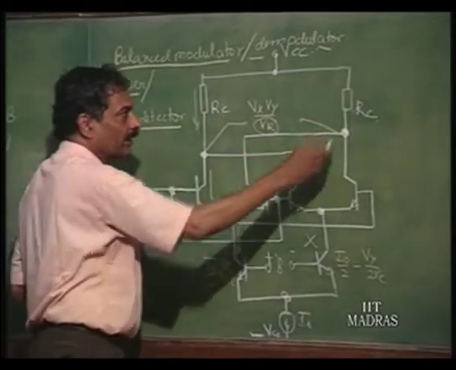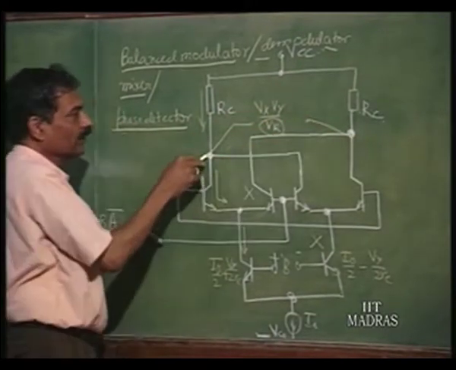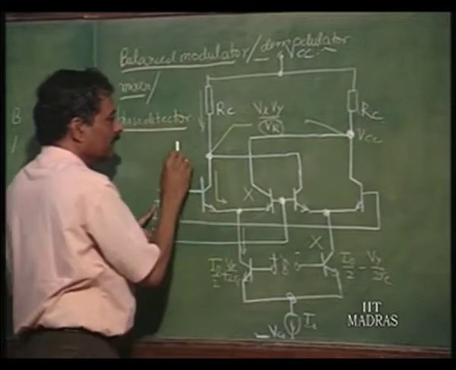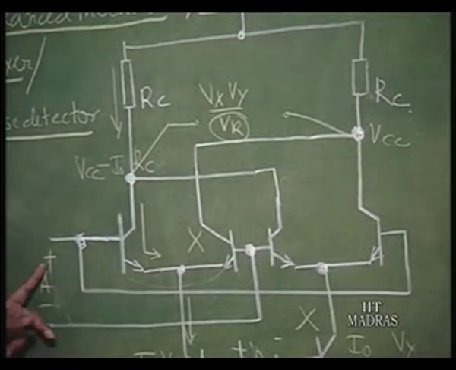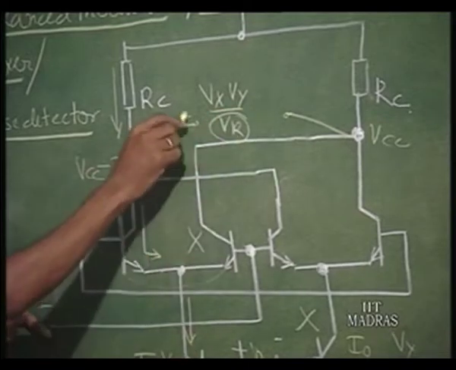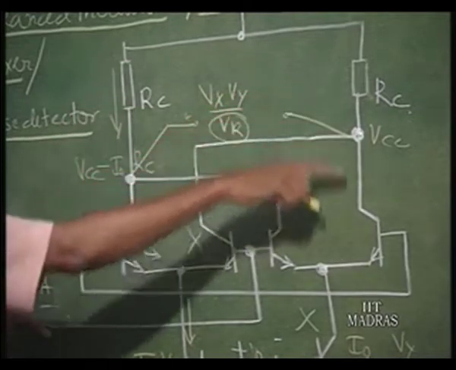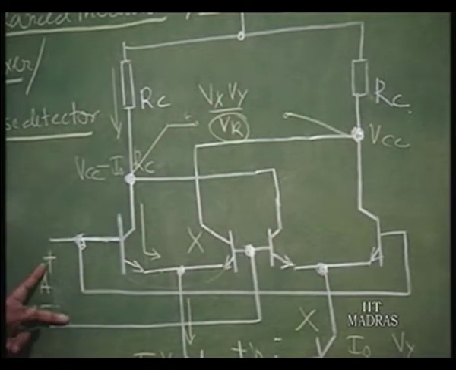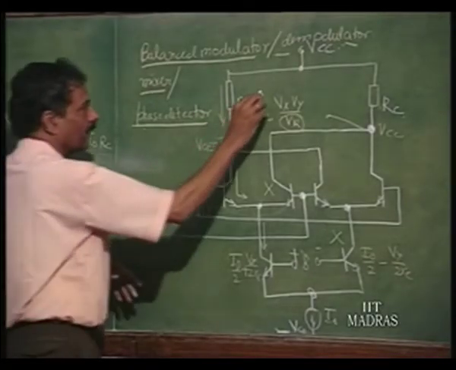So, 0 current flows. So, output is going to be VCC here. Here, this is VCC and this is VCC minus I naught RC. So, if you take the output as this one plus and that one minus, it will be this minus that will be minus I naught RC. So, let us put the output as minus I naught RC.